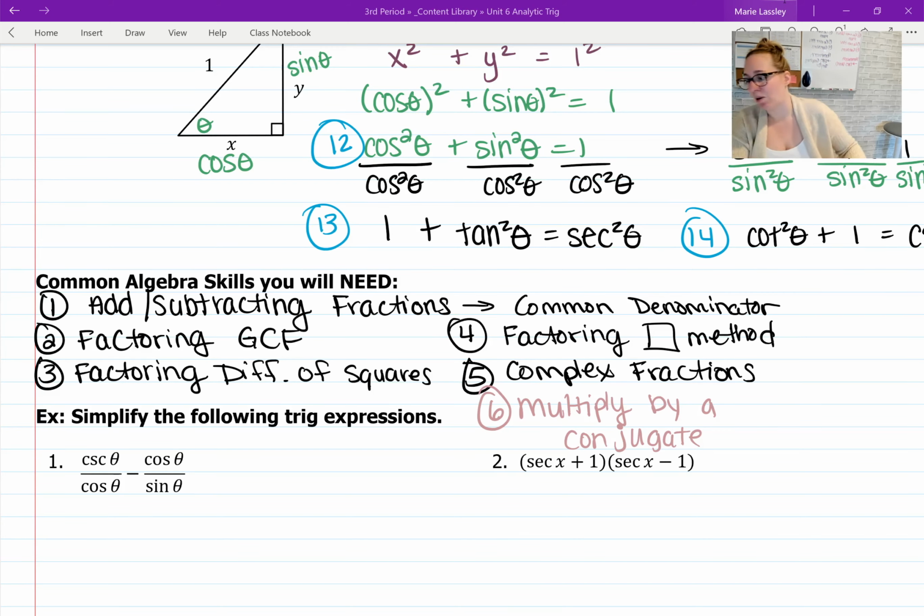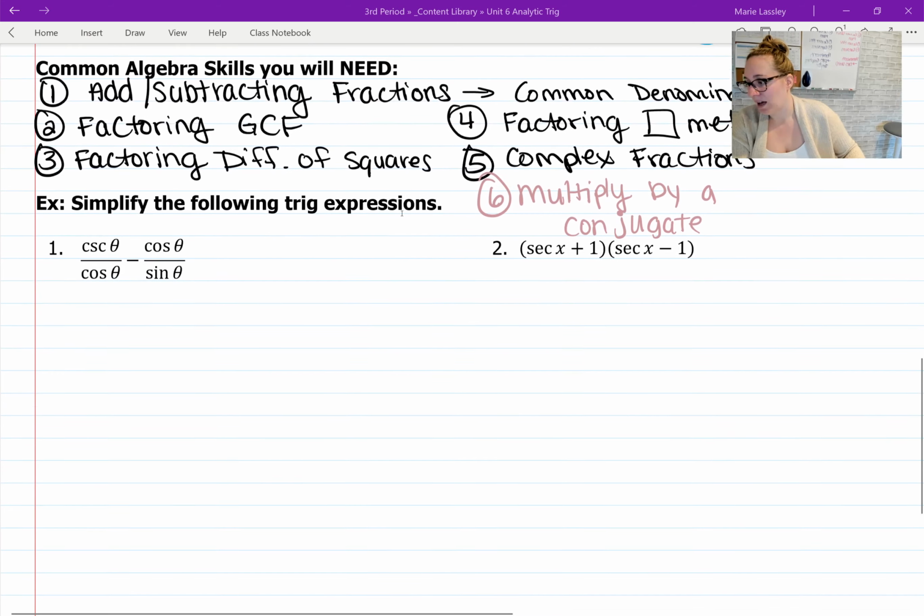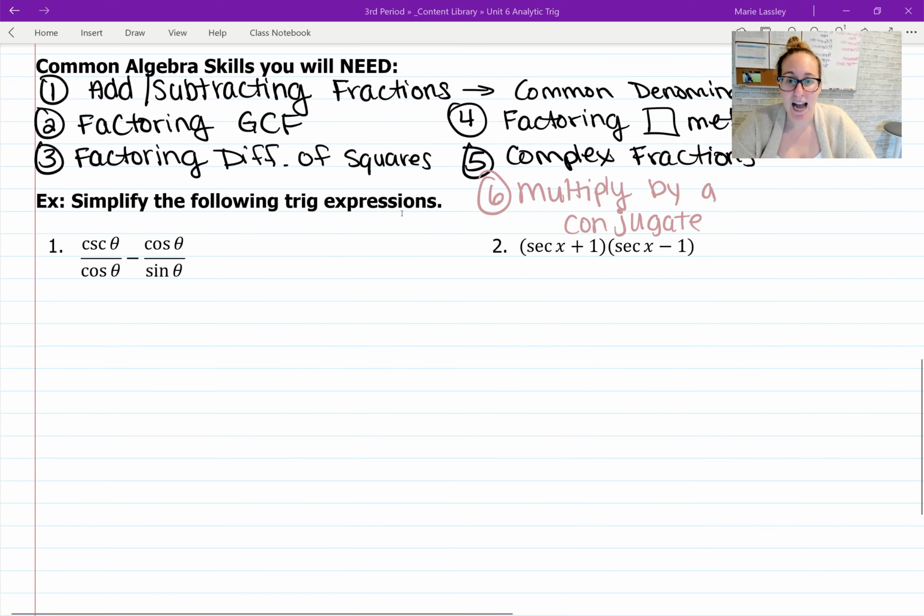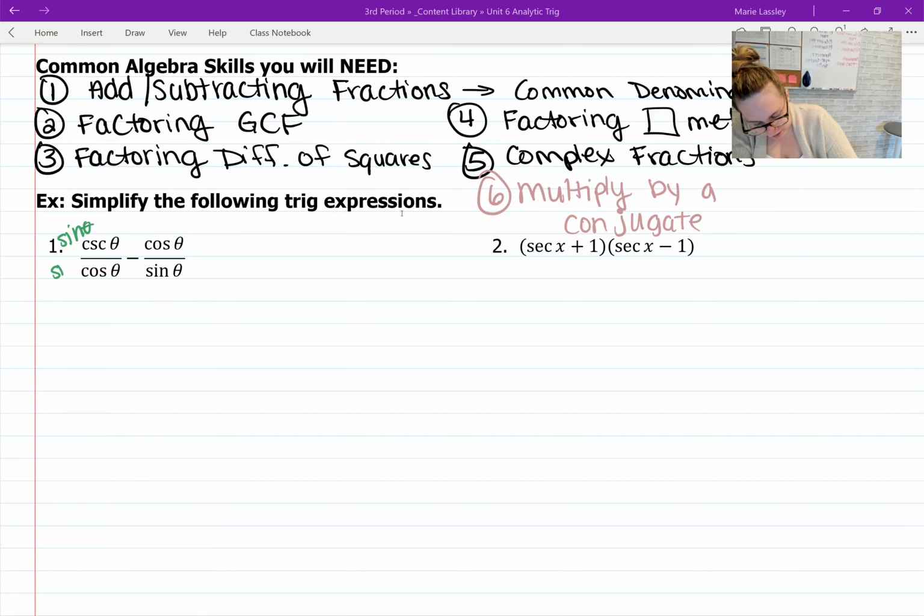All right, starting with number 1. The first thing I notice is that I have a fraction minus a fraction. If my goal is to put this into just one trig function, I need to make a common denominator so that I have just one fraction. To do that, I need to multiply the first fraction by sine theta over sine theta, and the second one by cosine theta over cosine theta.